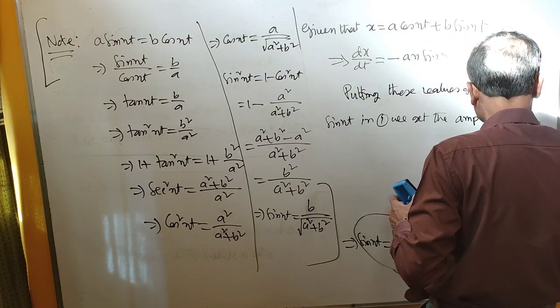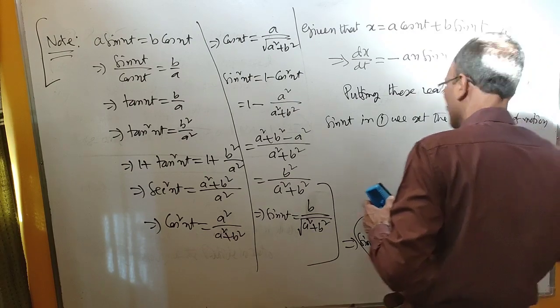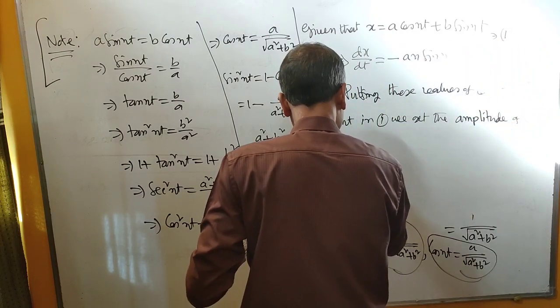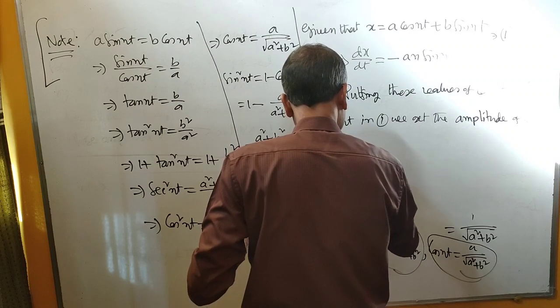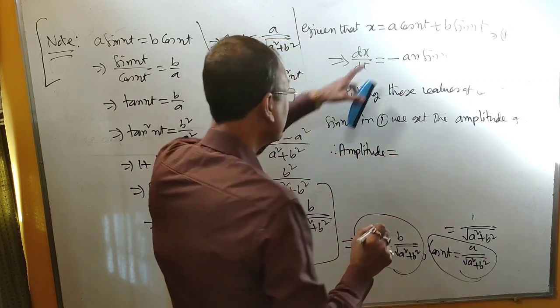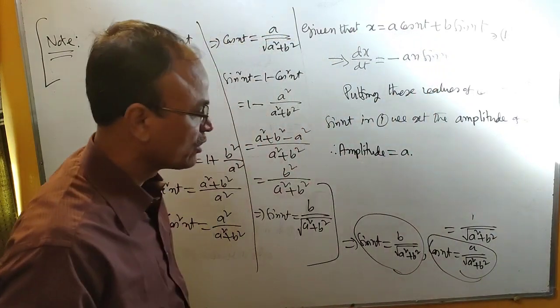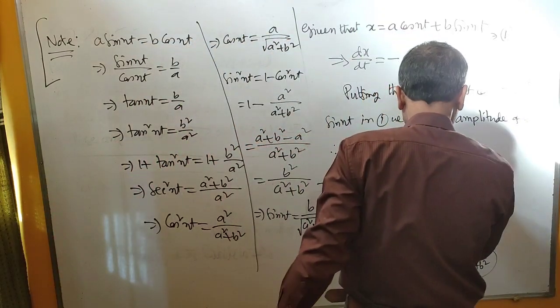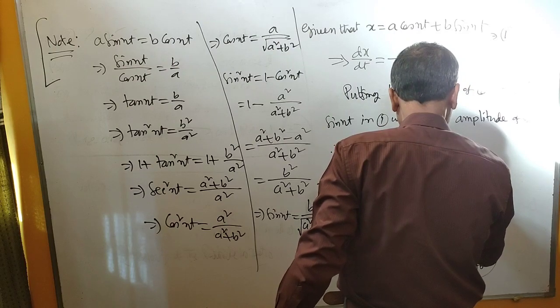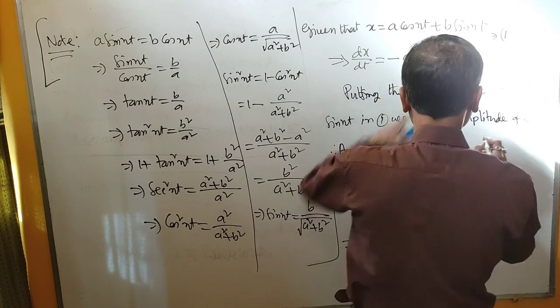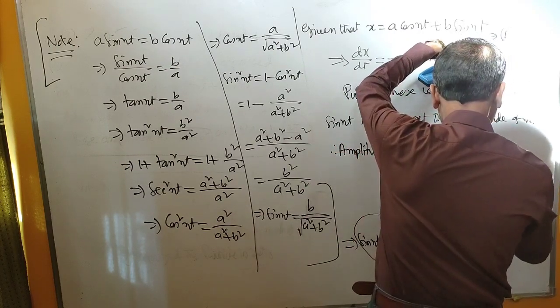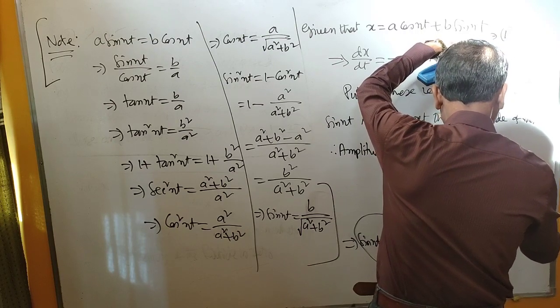Therefore, amplitude equals A times cos n t, which is A divided by root over A square plus B square, plus B times sin n t, which is B divided by root over A square plus B square.